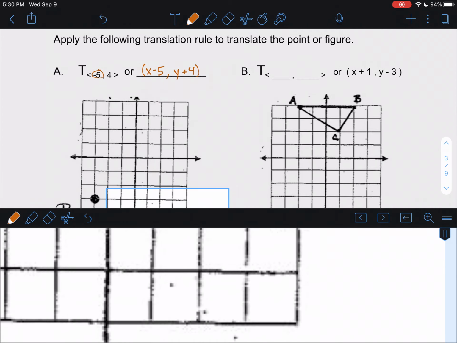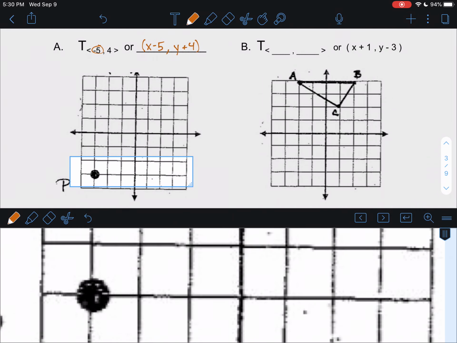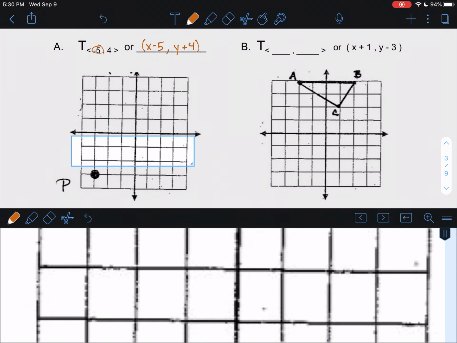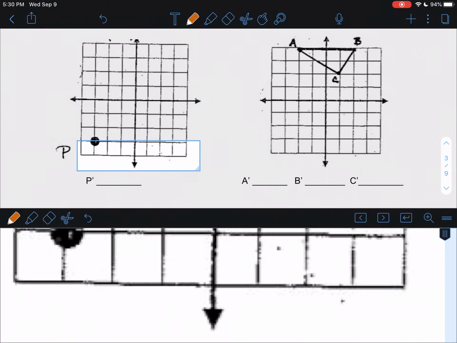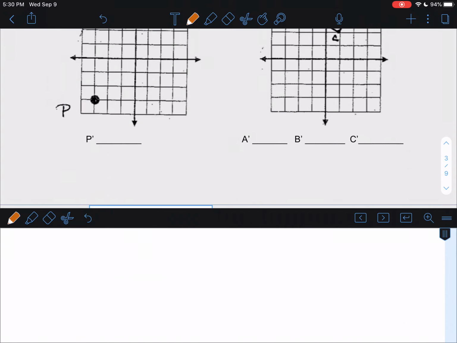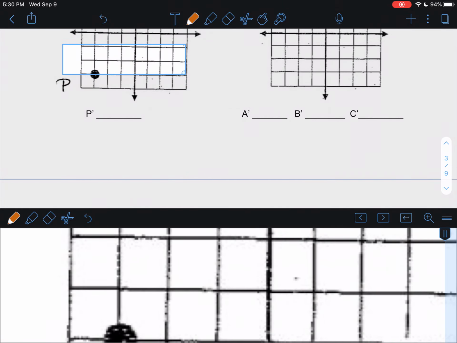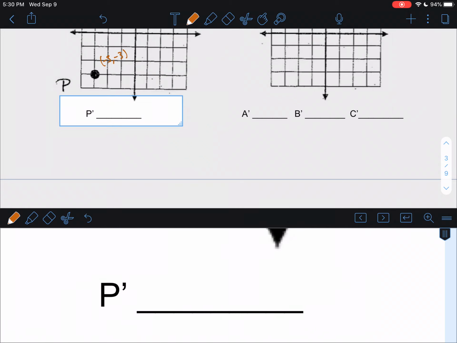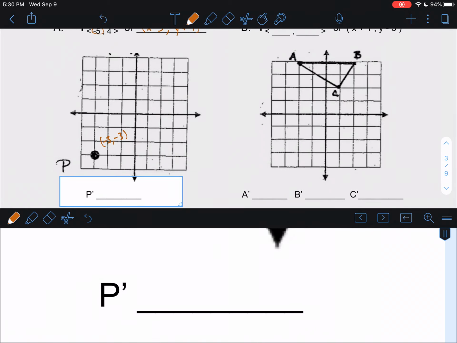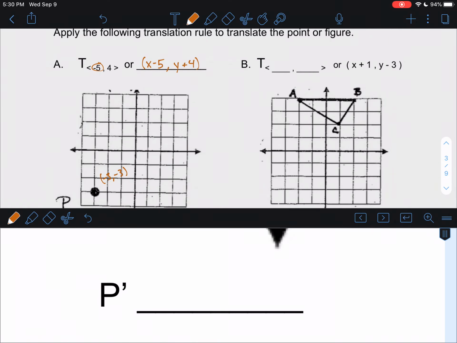So we have this point here, and this point is -3, -3. So I'll label that -3, -3. And we want to calculate what P prime is. So I'm going to take it and plug it into coordinate form.